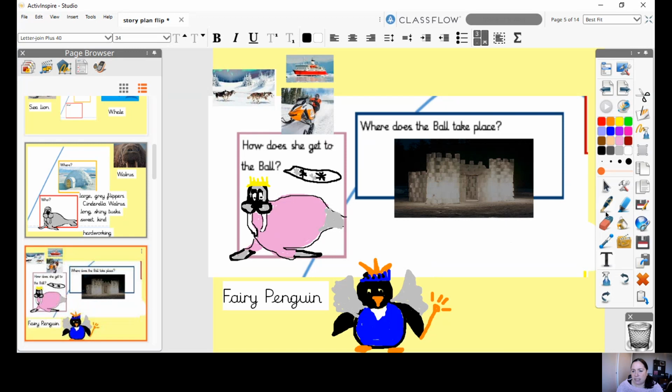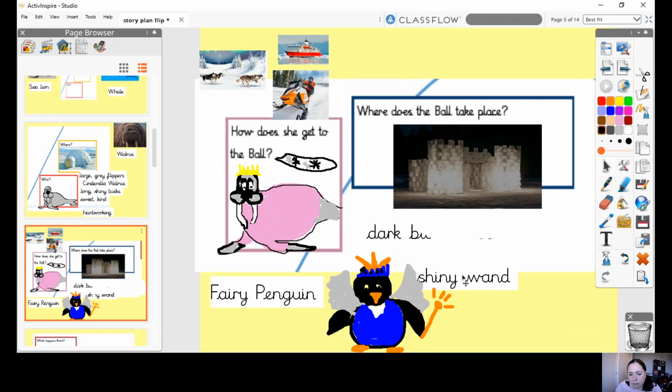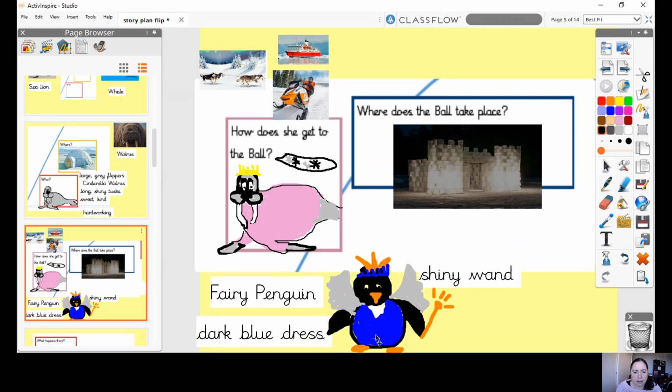And then I can add some things to describe my fairy penguin who turns up, like a blue dress, or I could have a shiny one. I could describe the wings. I could describe all sorts of things to do with the fairy penguin.